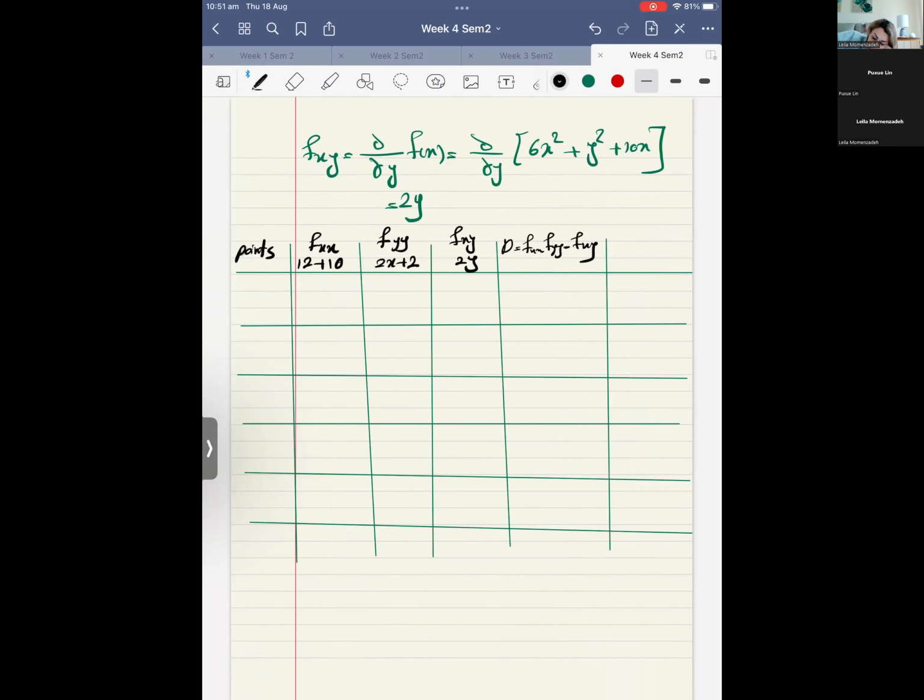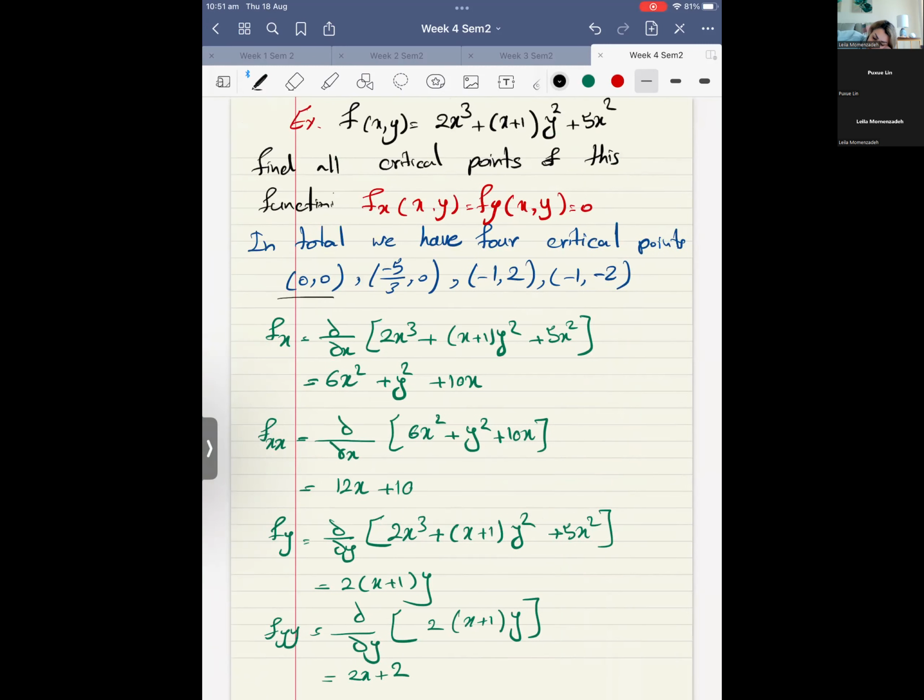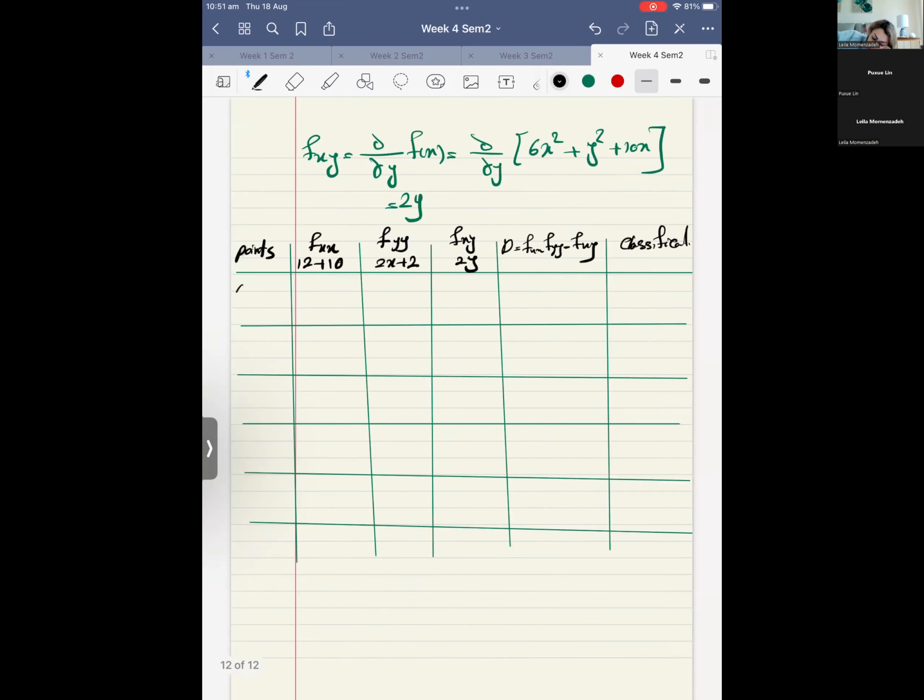And now classification. Okay. What points do you have? These four points that you found before: (0, 0), (-5/3, 0), (-1, 2), and (-1, -2). Okay.